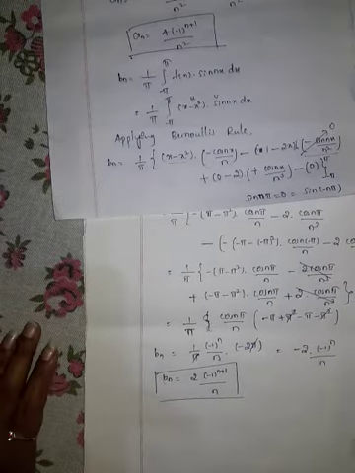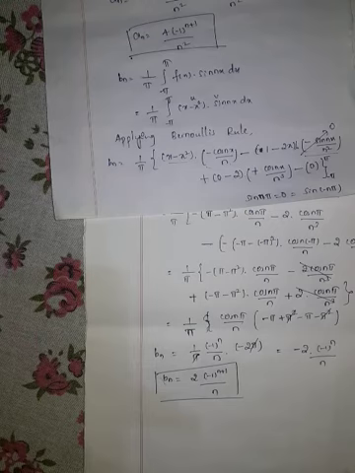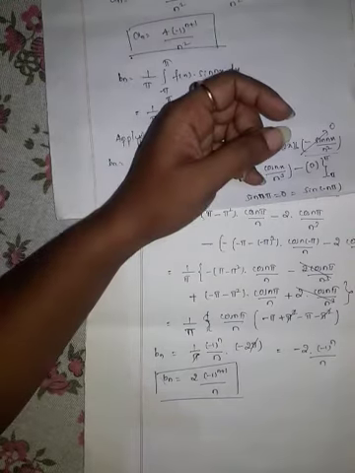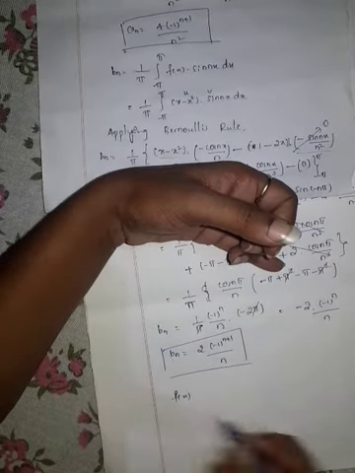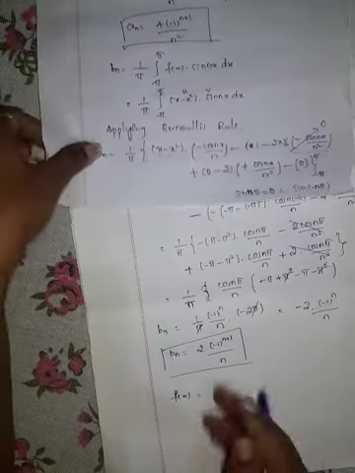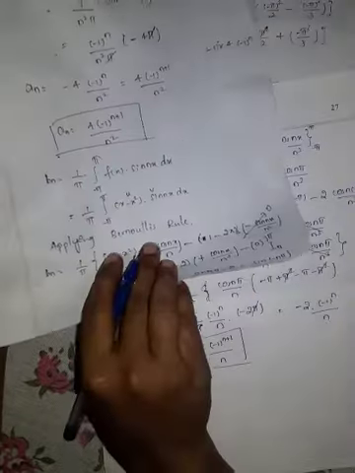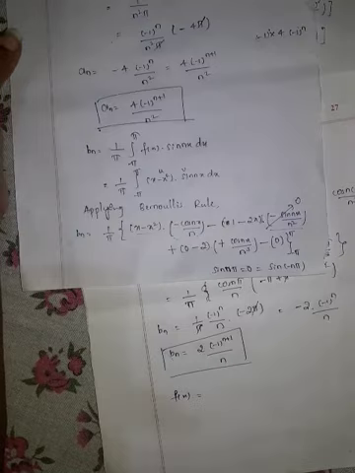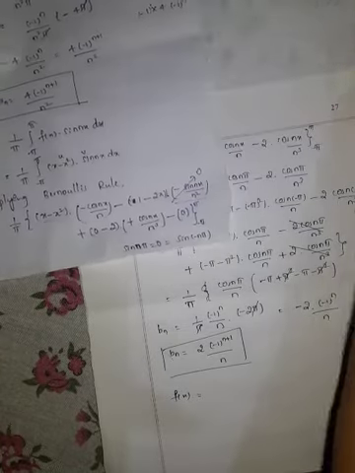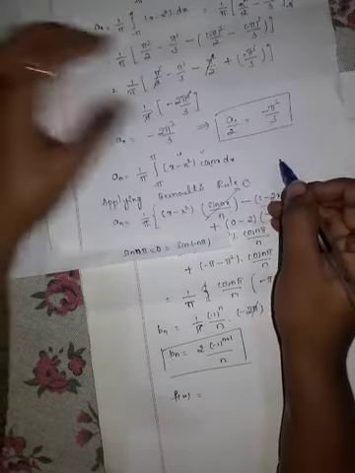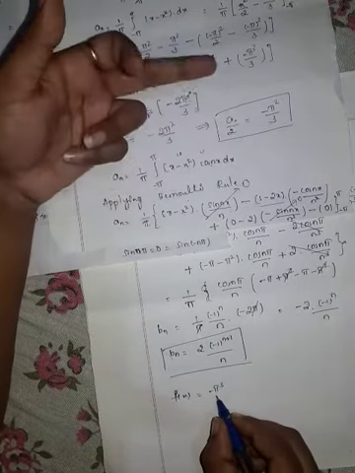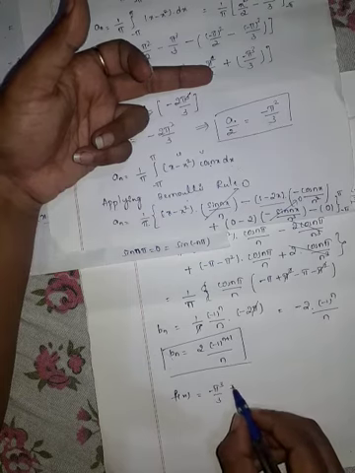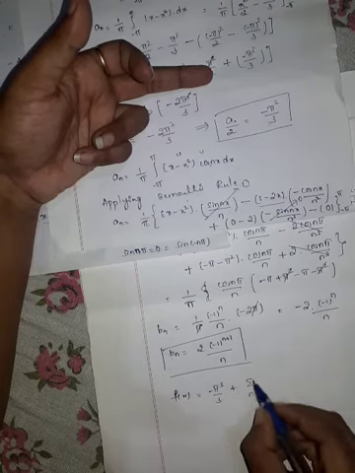So put all three values, that is value of a0, an and bn in our Fourier series f of x. So what is our a0 by 2? a0 by 2 is nothing but here. What we got? a0 by 2 is minus pi cube by 3. Minus pi cube by 3 plus summation n is equal to 1 to infinity.